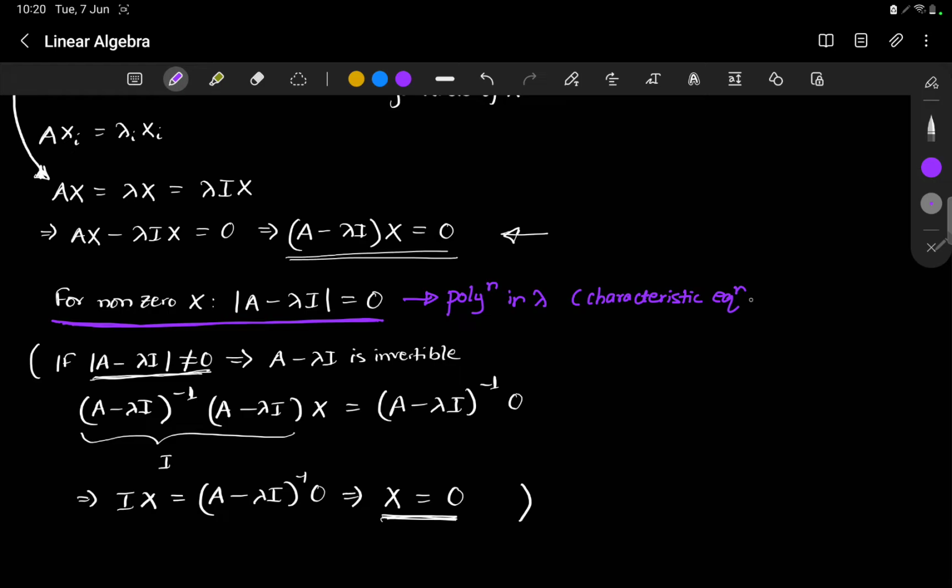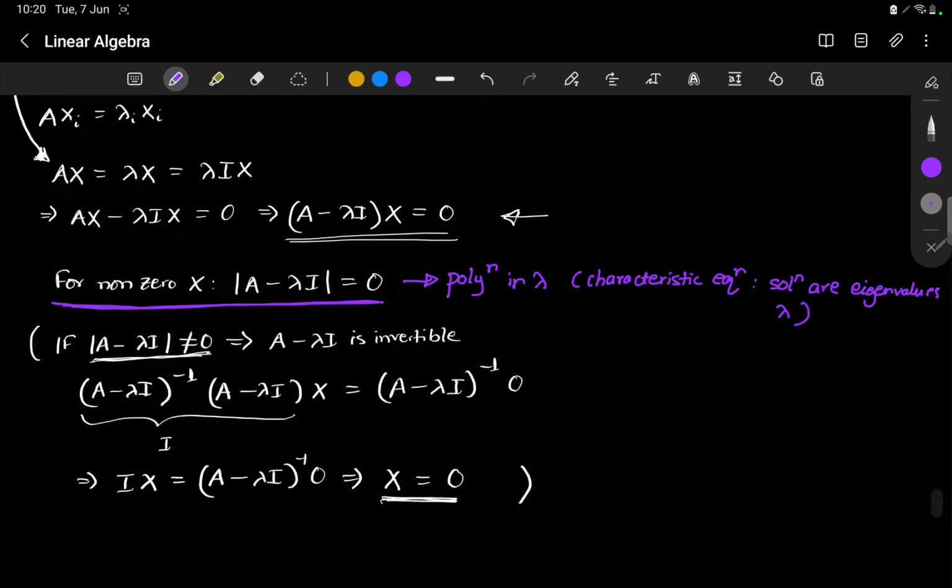The solutions of this equation are the eigenvalues lambda. So in order to find the eigenvalues, we need to write this characteristic equation, determinant of A minus lambda I equal to 0, and solve for lambda. So this is how we find the eigenvalues.